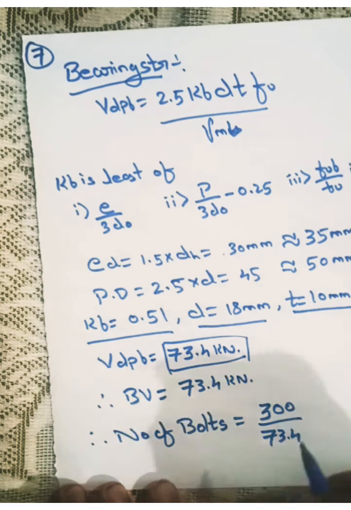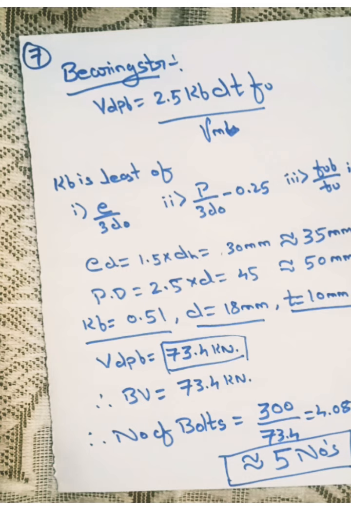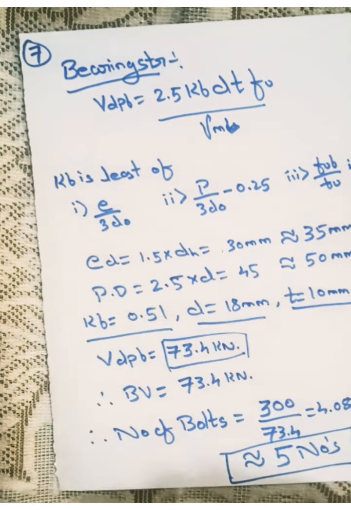So let us provide 5 numbers. So 5 bolts are required to carry 300 kilonewton of load safely. So this is how the design of a compression member for a double angle is done.